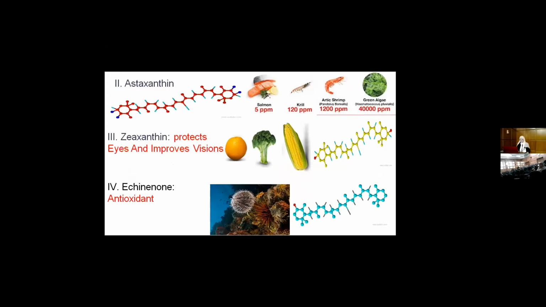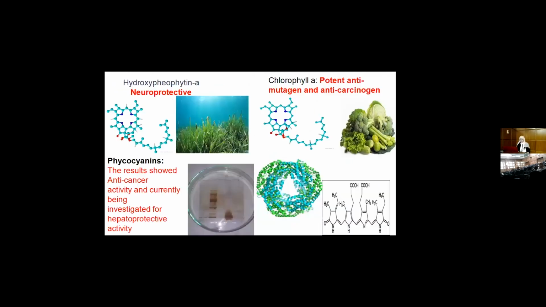All these products are antioxidants, and the zeaxanthins protect eyes and improve vision. We can find also chlorophyll A, that is a potential anti-mutagen and anti-carcinogen. We can find also phycocyanin.